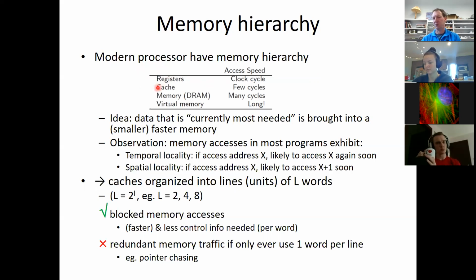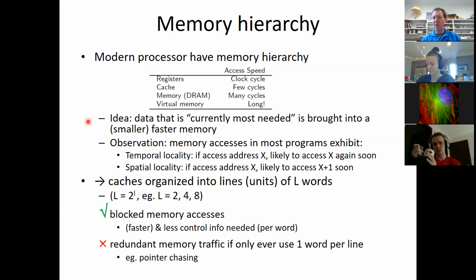Then there's cache, again a few clock cycles to access. And then you have dynamic memory and virtual memory, which take much, much longer to access. The idea behind this hierarchical organization is that generally you don't need all the data at the same time, and the currently most needed data is brought into the faster memory, and then it can be used by the arithmetic unit relatively instantaneously.